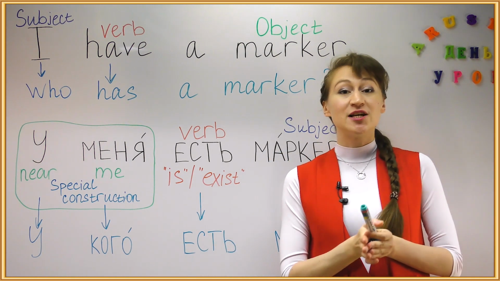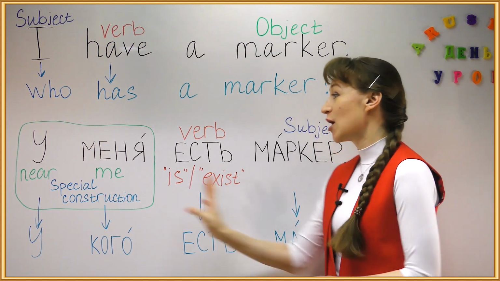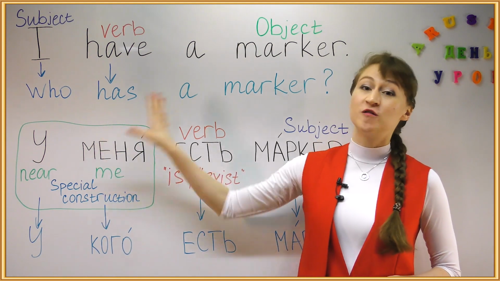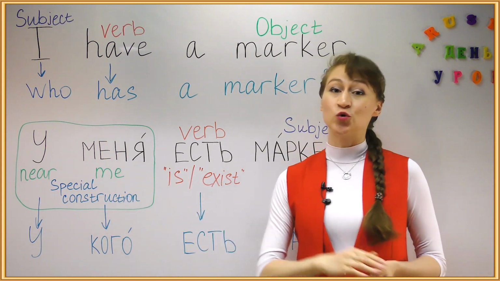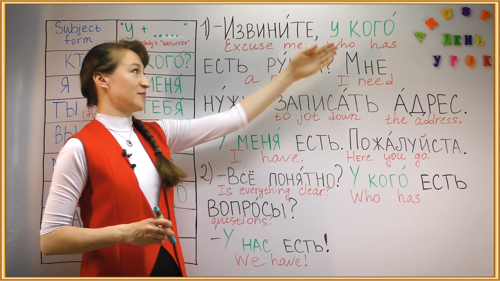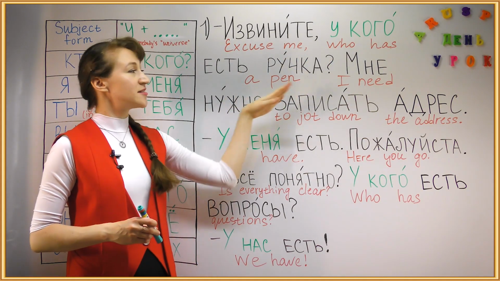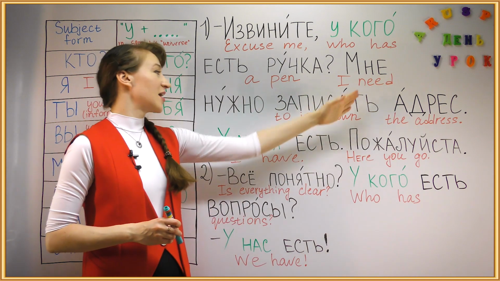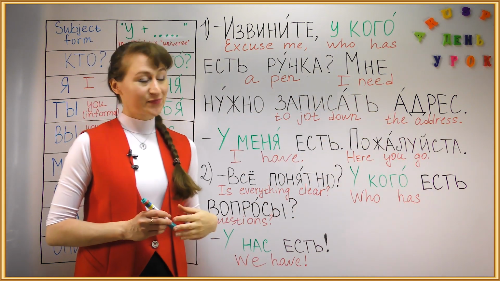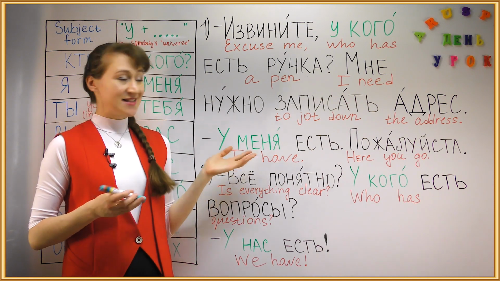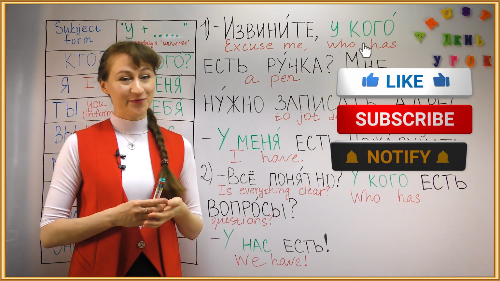Now, let's take a look at more examples and more forms of the personal pronouns that we use in this construction, У plus something. Извините, у кого есть ручка? Мне нужно записать адрес. У меня есть. Пожалуйста.